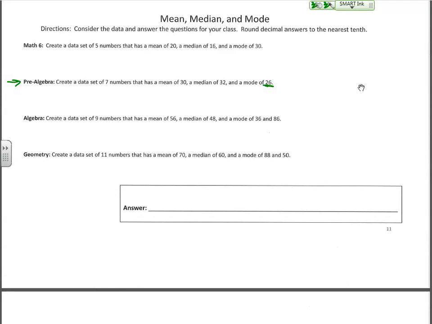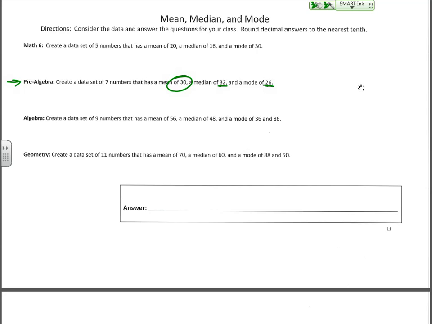Your set also has to have a 32 in it as the median, to where if you order the numbers from least to greatest, it's the one in the middle. Other than those 2, you get to pick the other 5, right? You don't necessarily have to include a 30 in your actual set. That's just the average, okay?